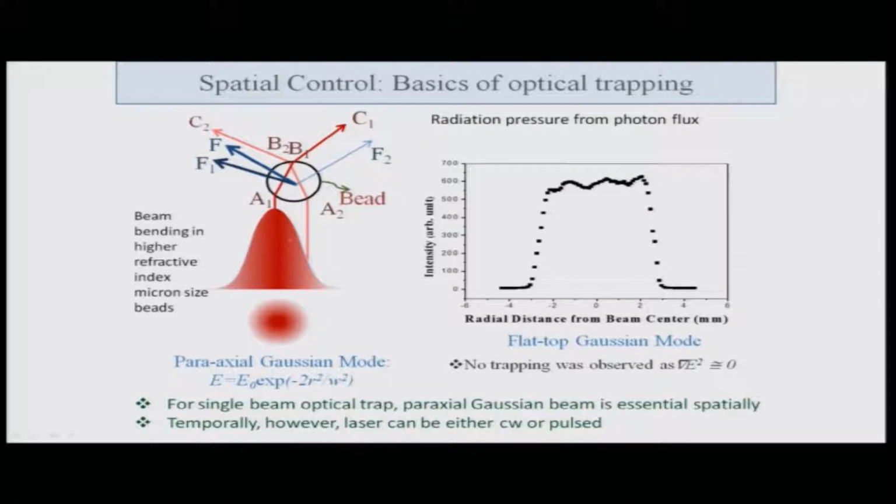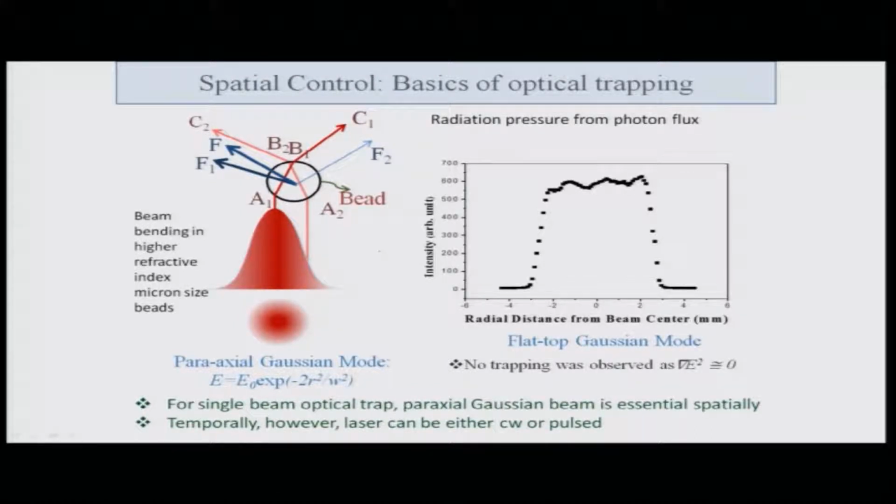So, typically a bead which is being trapped in a liquid would have the higher refractive index and are of typical micron sizes or lower, and having a Gaussian spatial beam would essentially mean that the beam would interact with the bead in such a way so that it is drawn more towards its focus.